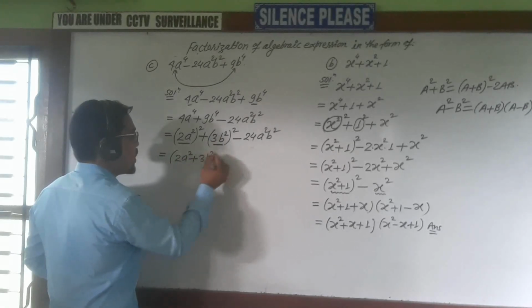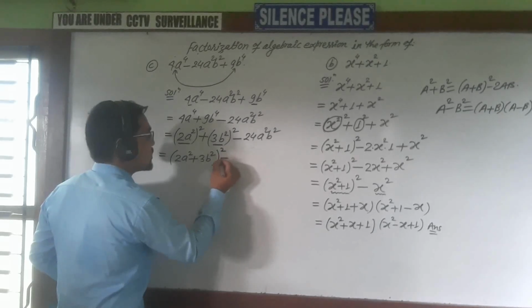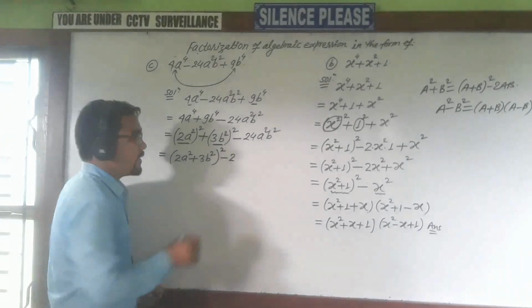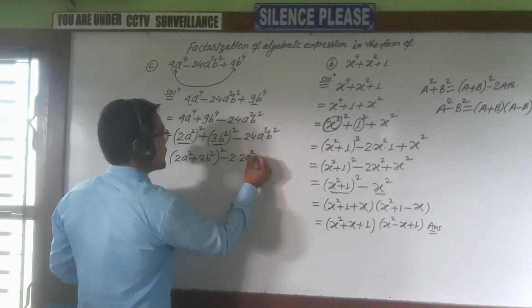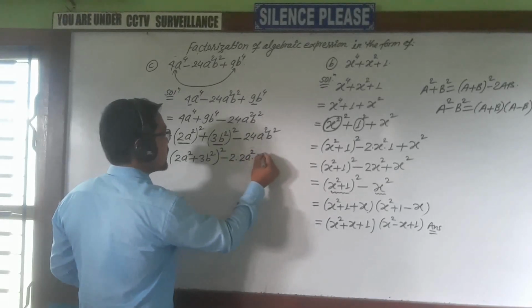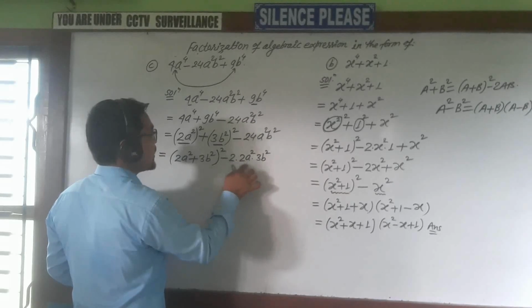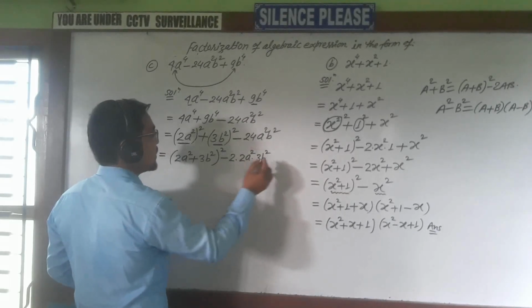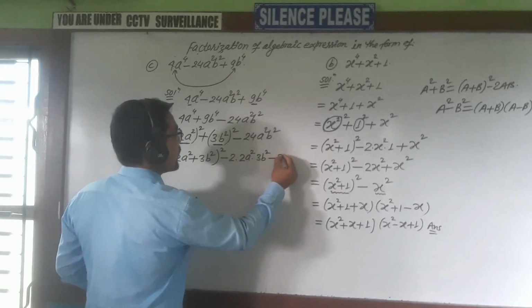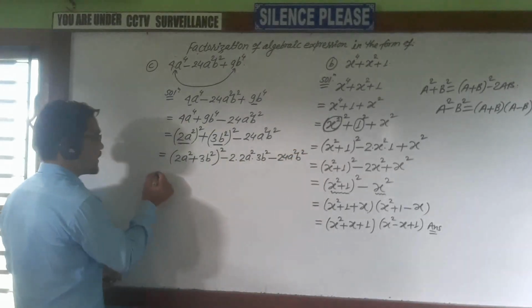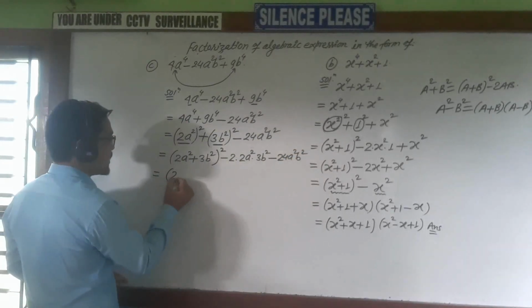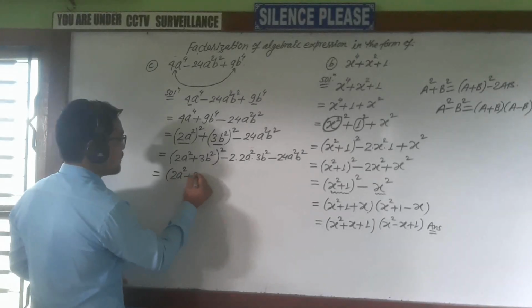A plus b whole square minus 2 from the formula into a, a is here 2a square, into b, b is here 3b square. All these are written in multiply form. This minus 24a square b square we have to put as it is. After this we put the same 2a square plus 3b square.